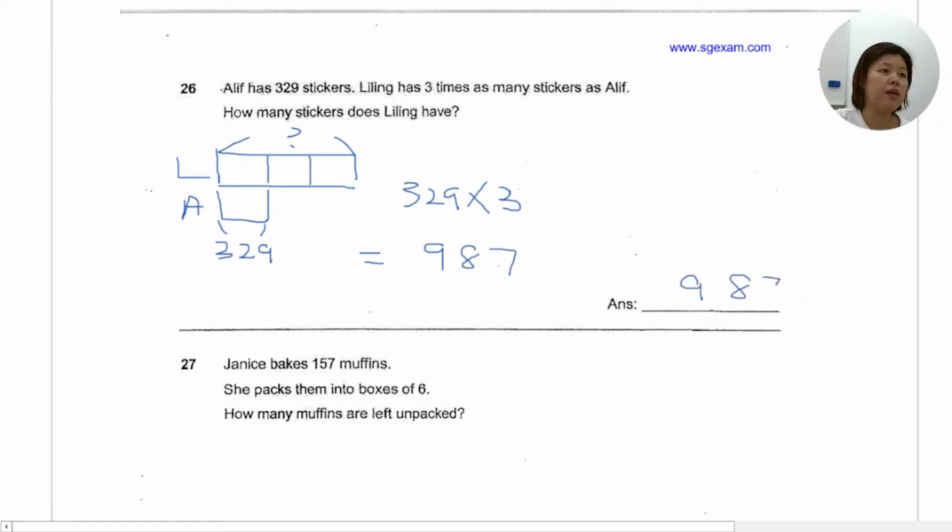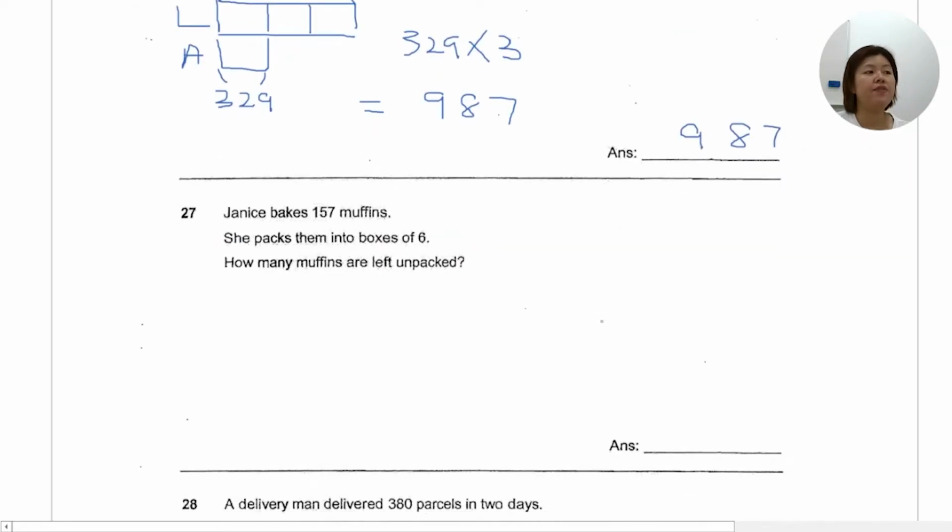Okay. Next, Janice baked 157 muffins. She packed them into boxes of 6. Boxes of 6 means one box inside there's 6. How many muffins were left unpacked? So we can find the number of boxes by taking 157 divided by 6.